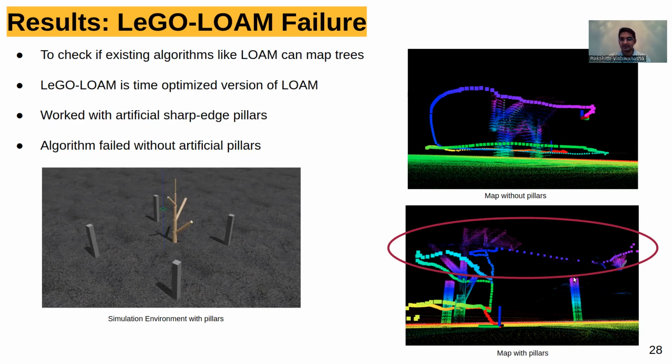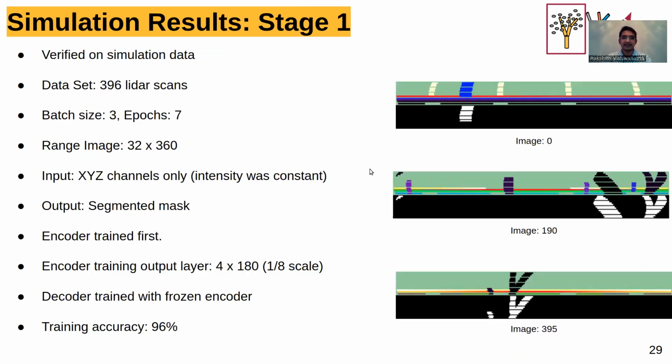Once the drone lost sight of these pillars and the scan was collecting data of only the cylindrical portions of the tree, mapping was not successful. And we could see a similar kind of drift. So this validated my understanding that a new kind of algorithm was required for tree mapping. And that's where some ideas were taken from SLOAN, and then additional ideas about GTSAM were implemented within this thesis.